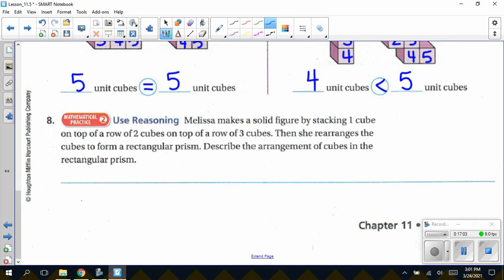So if she is rearranging these cubes, we would now have 1 row of 6 cubes, because notice she has 1 on top, then 2 cubes, and then 3 cubes, so that would give you a total of 6 cubes. Or you could rearrange it again. This time you could have 2 rows, and each row could have 3 cubes.